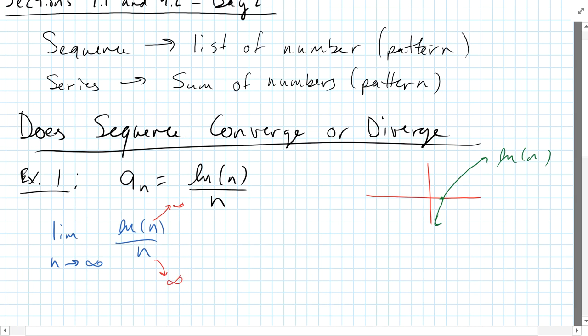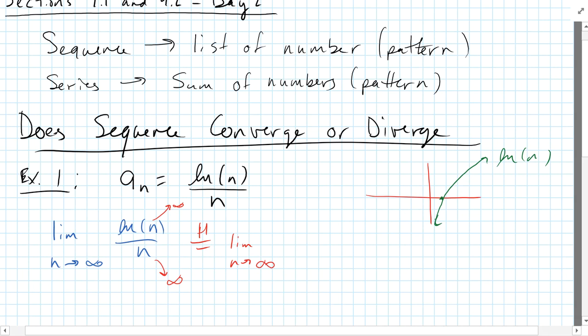And what did we do when the numerator and the denominator were both going to infinity or negative infinity? We had something that we could apply L'Hopital's rule to. L'Hopital's rule says that if we take the derivative of the top and bottom, we can take the limit as n goes to infinity, and it equals the original limit.